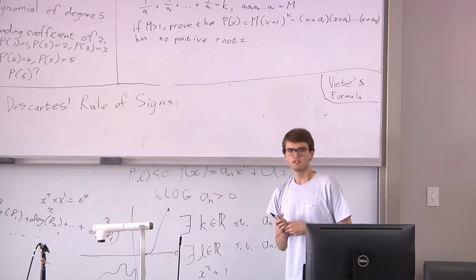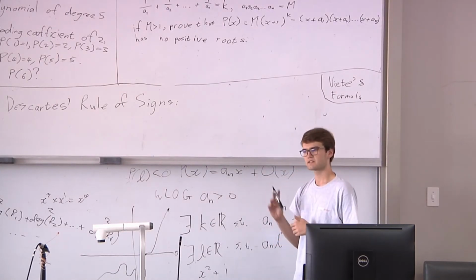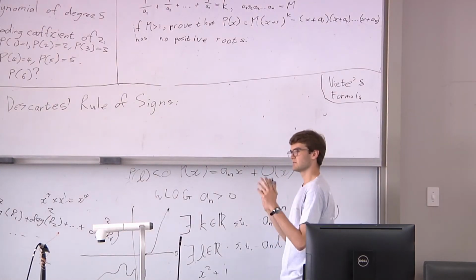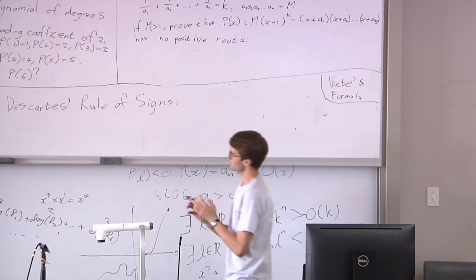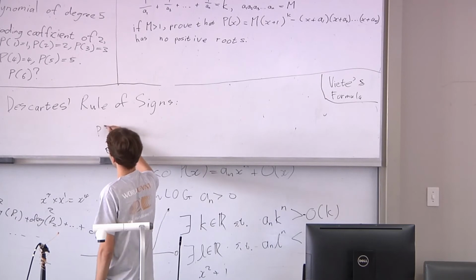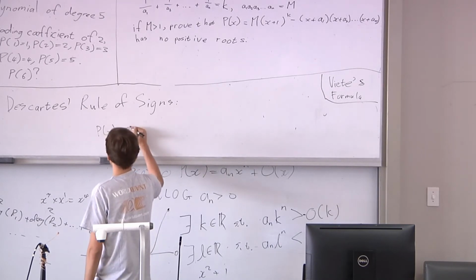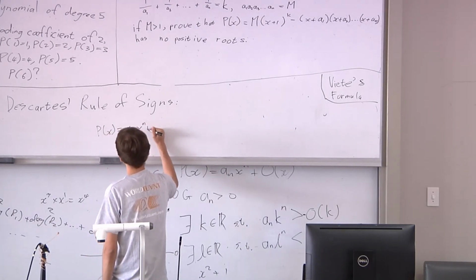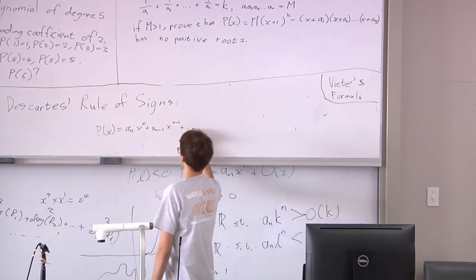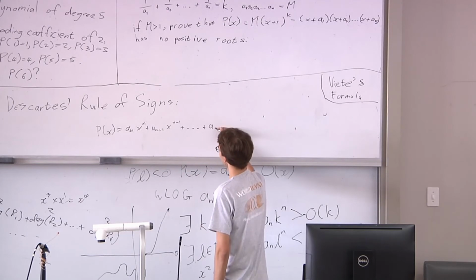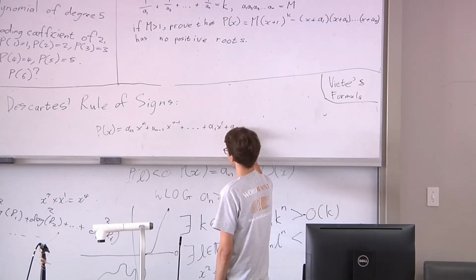So Descartes' rule of signs is a way of finding the number of positive real roots and the number of negative real roots. So consider the polynomial p of x is a n x to the n plus a n minus 1 x to the n minus 1 plus whatever plus a1 x to the 1 plus a0.